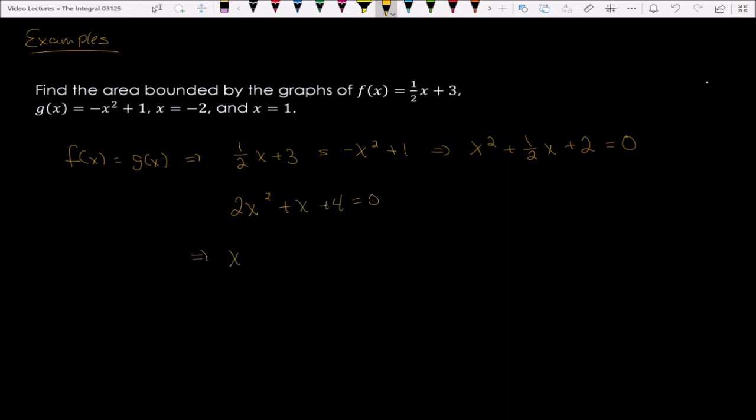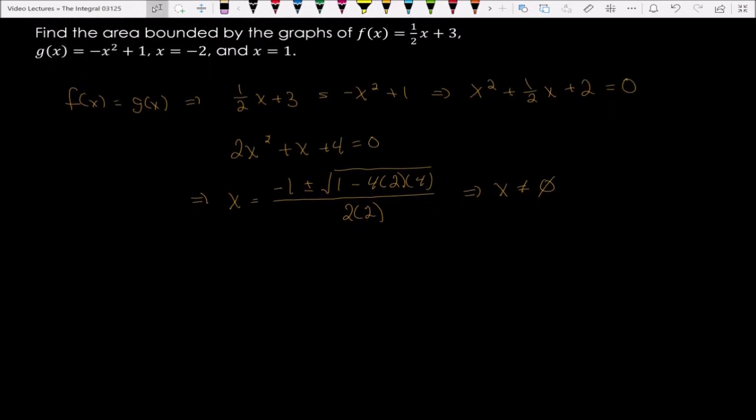Using the quadratic formula, negative b plus or minus the square root of b squared minus 4 times a times c, all over 2 times a. Notice that under the square root, we're going to get a negative number, which means that there is no solution. So these two curves will not intersect at all.